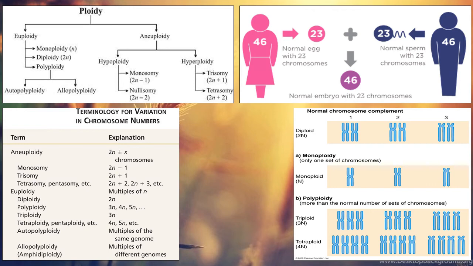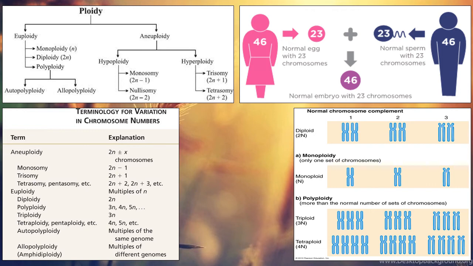Now, there is an interesting condition. Suppose a cell, once it enters the S phase after the G1 phase, becomes 4N. Now, the 4N cell divides into 2N and 2N, two cells, which is the mechanism for mitotic division.